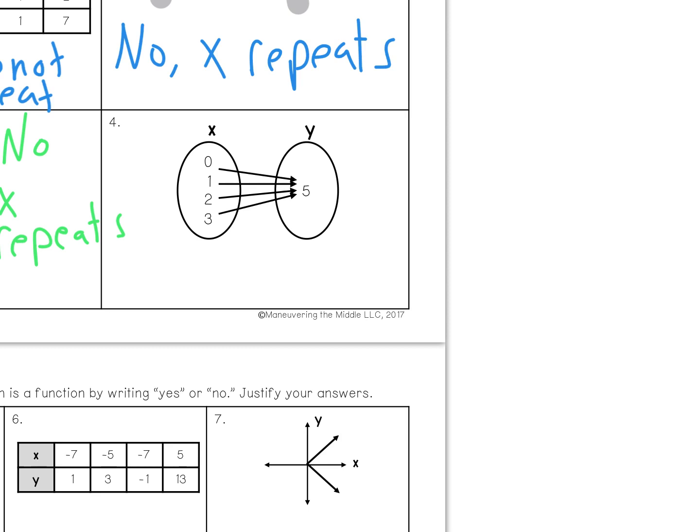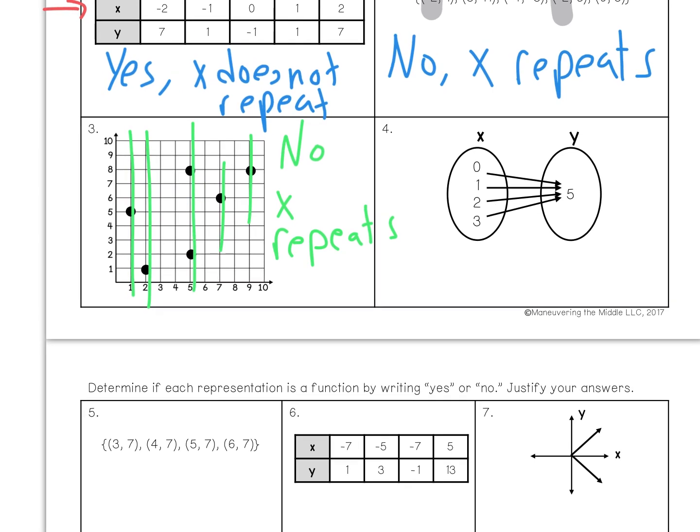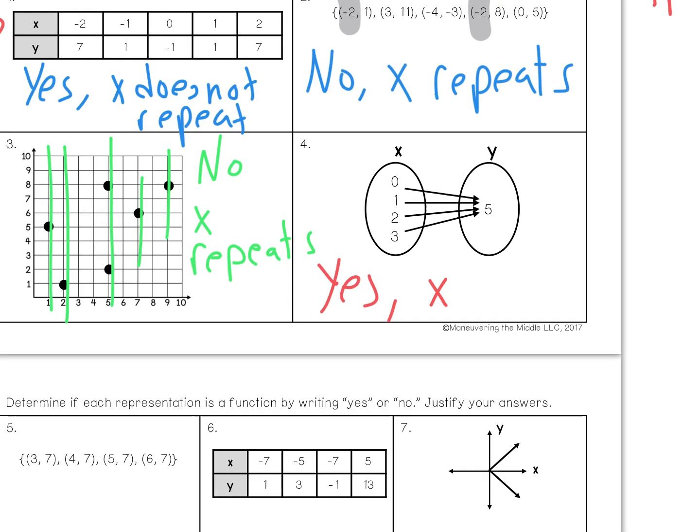They're telling me that there's a line like that. Is that line going to pass a vertical line test? Yes. It could also be points and not a line. So, x does not repeat.